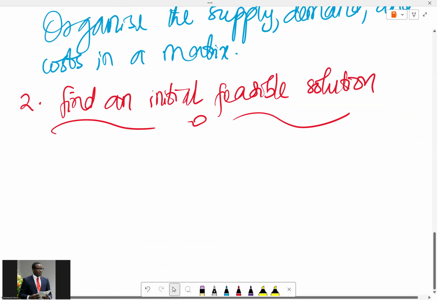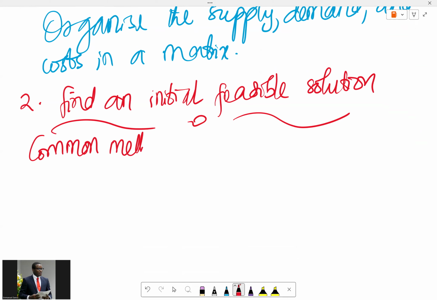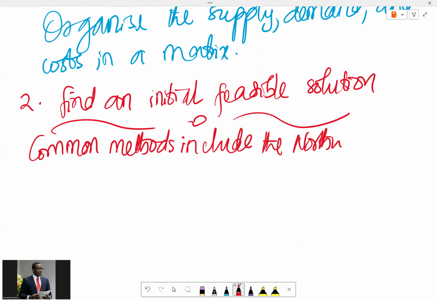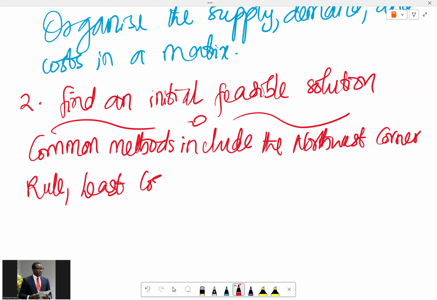Here we need to use common methods, which include the northwest corner rule, the least cost method, or Vogel's approximation method.